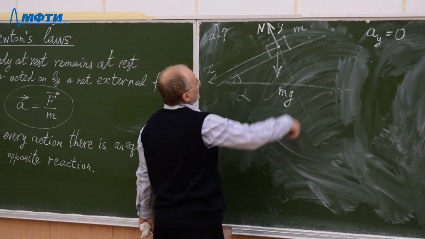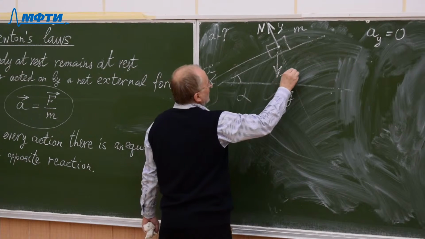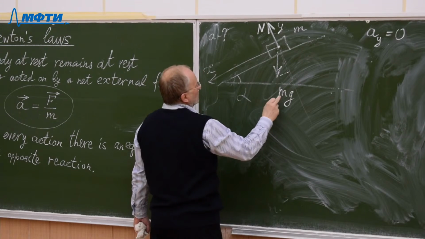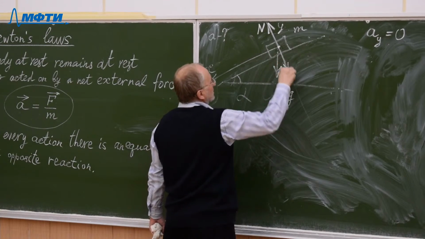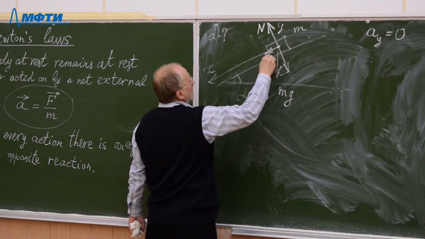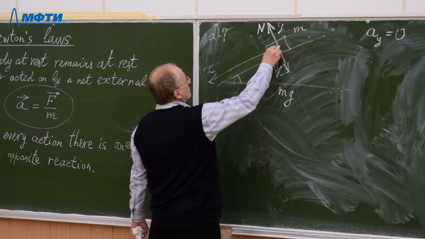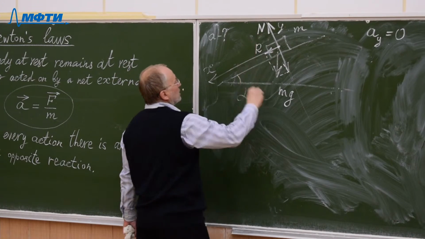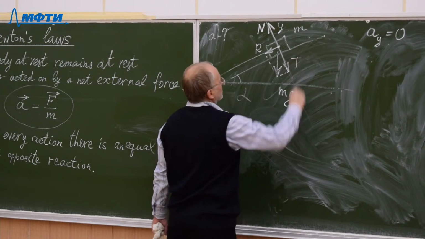In order to find the forces acting along this perpendicular direction, we must find the component of the body weight on the y-axis and another component along the x-axis. Let's denote this vector as r and this vector, whatever you like, t.